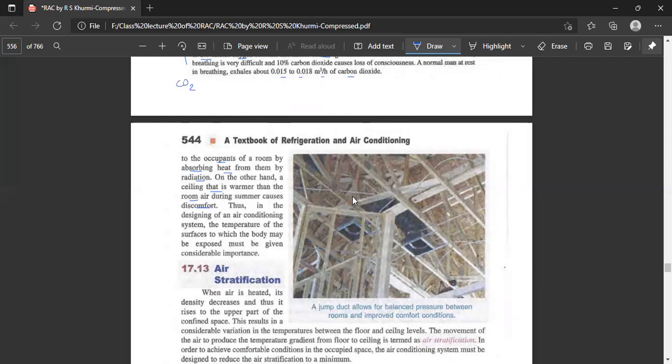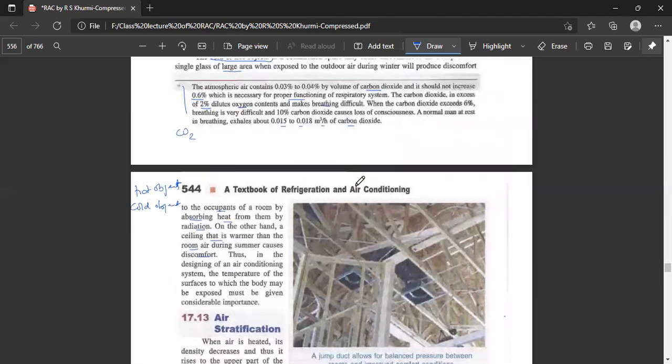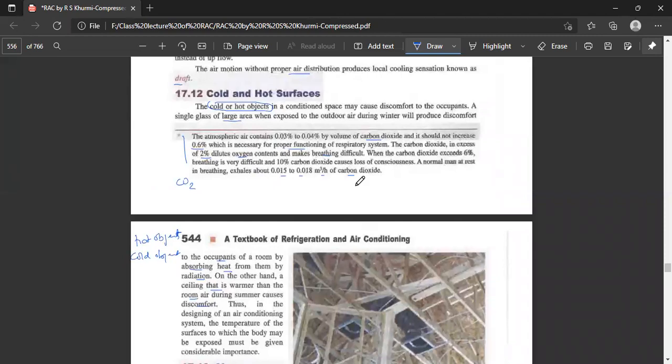So the presence of hot or cold objects in a particular room will cause discomfort to the occupants. A single glass of very large area exposed to the outdoor air during winter will cause discomfort to the occupants of a room by absorbing heat from them by radiation.